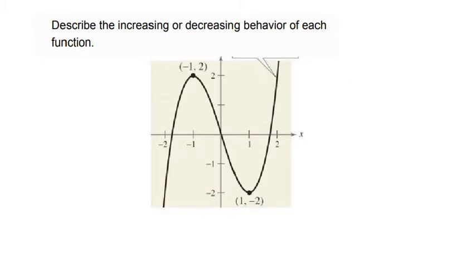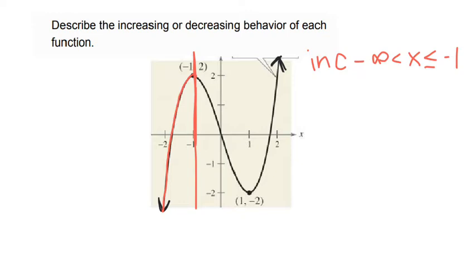Describe the increasing or decreasing behavior of the function. Again, these are arrows here, which means that it's going up and down forever. Starting at the left here, it's increasing to this point. So this part in red here is increasing from -infinity to -1.